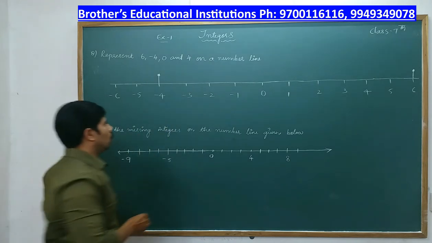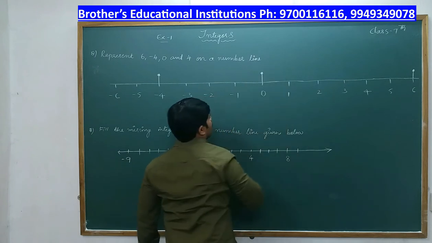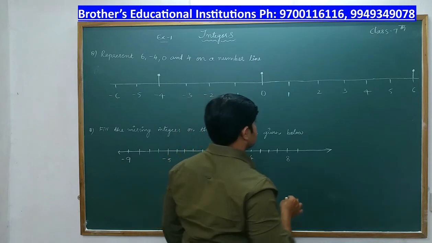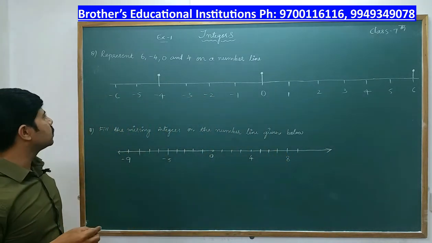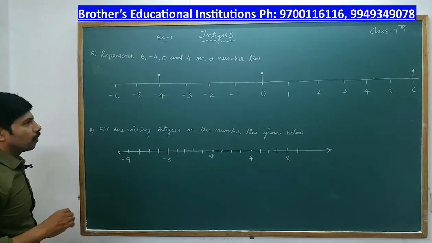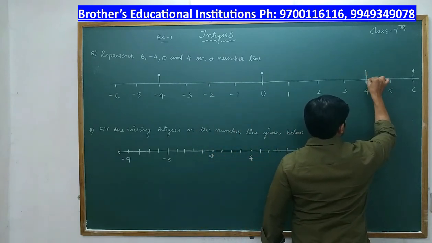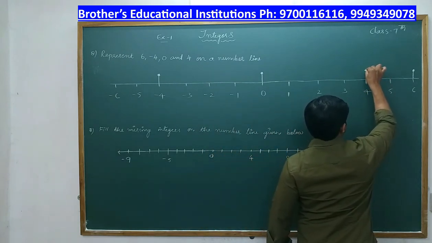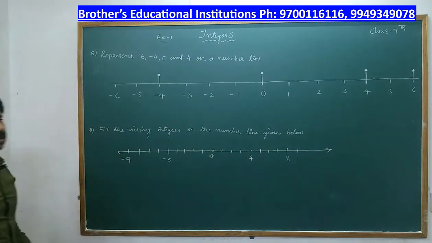Then 0 on a number line. Then 6, already we marked 6, right? So 1, 2, 3, 4 numbers. So one more number we have to mark, that is 4. 4 is a positive number. So this is marked on a number line. Okay. So the first one is completed.